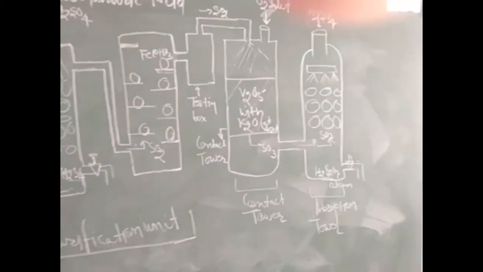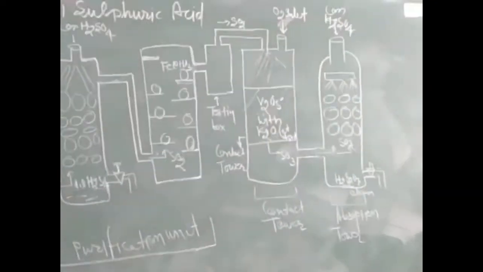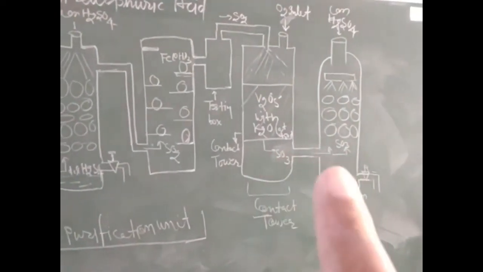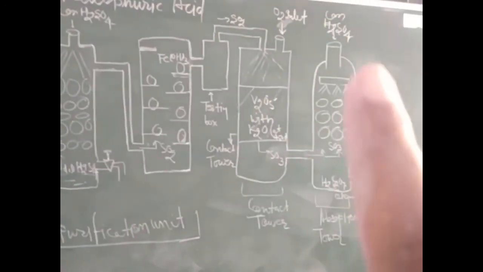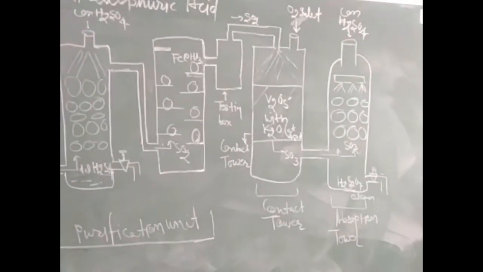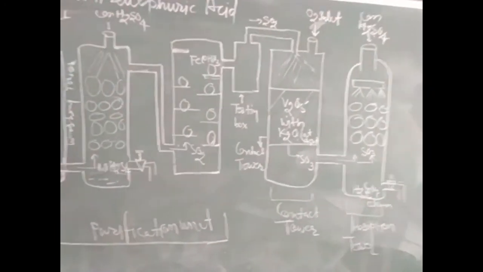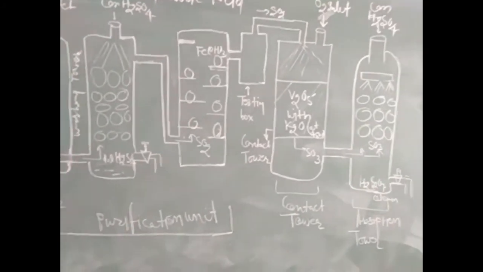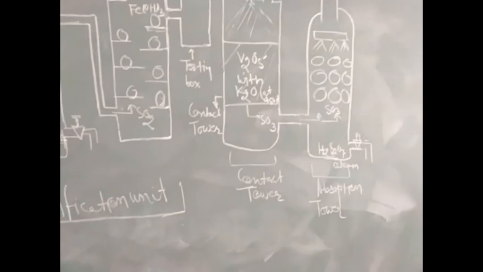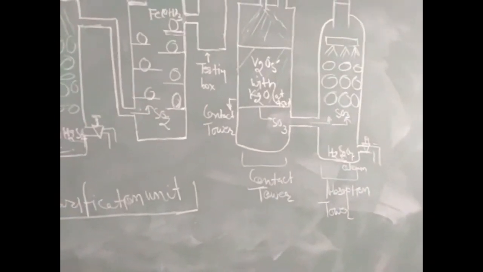We can watch here in the last chamber that sulfur trioxide is moving from the lower side and concentrated sulfuric acid is passed from the upper side, and here formation of oleum will take place. Sulfur trioxide reacts with concentrated H2SO4, then formation of H2S2O7, that is called oleum, will take place here.